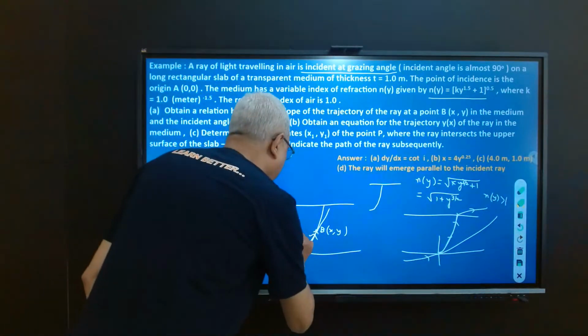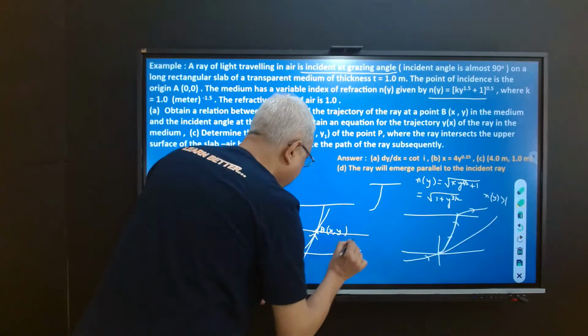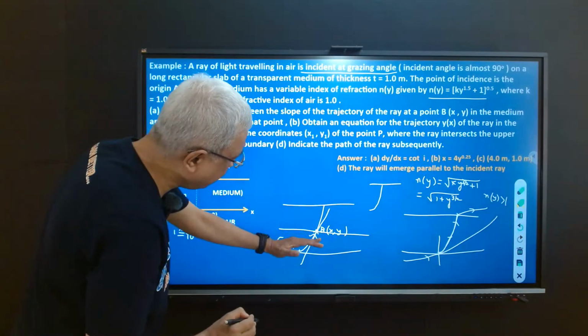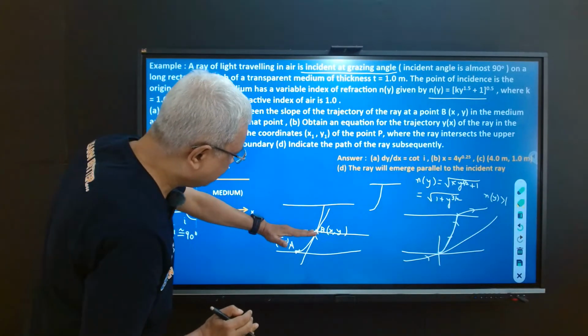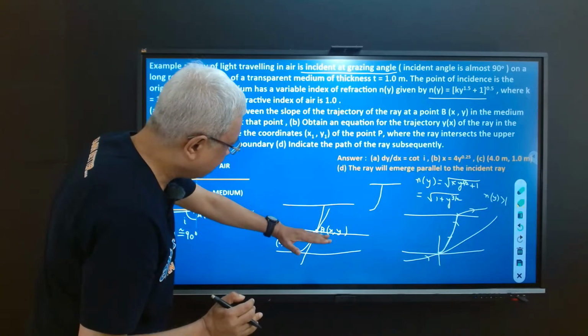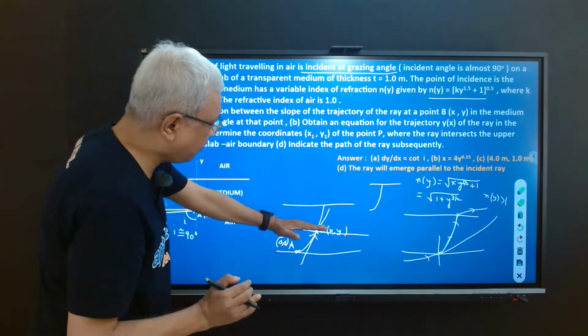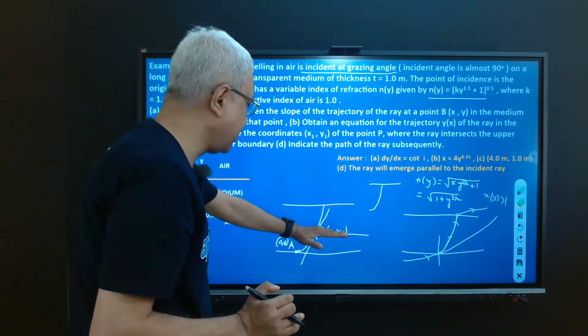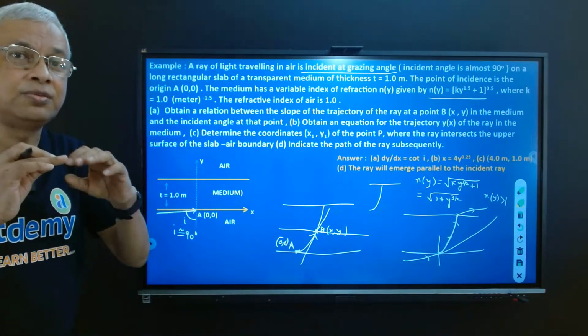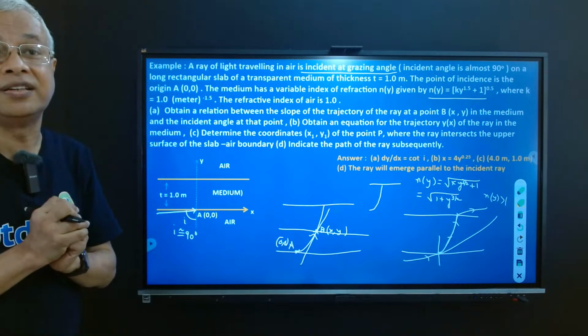And see, at the point B, you draw a line parallel to the x-axis. Just below this horizontal line there is a medium, and just above the parallel line there is another medium, because the refractive index is continuously changing.